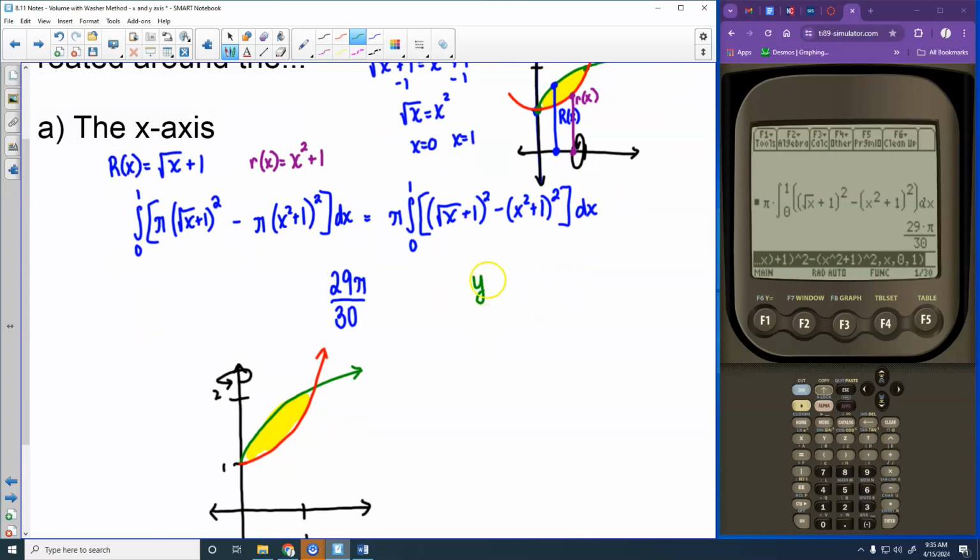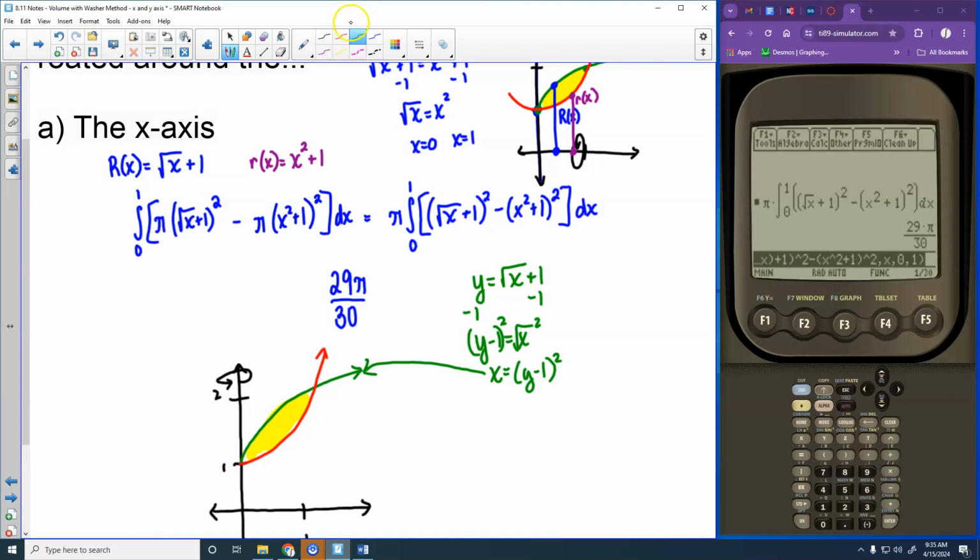So that's like y equals square root of x plus 1. I'm going to subtract 1. Y minus 1 equals the square root of x. And I got to square both sides. So x equals y minus 1 squared. That is this green graph right here. So instead of using the x's, I've got to use the y's for that.